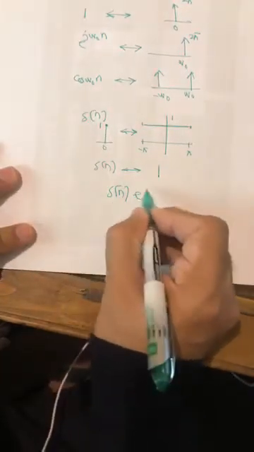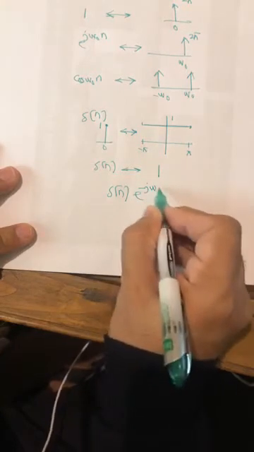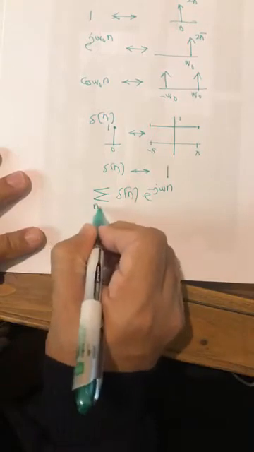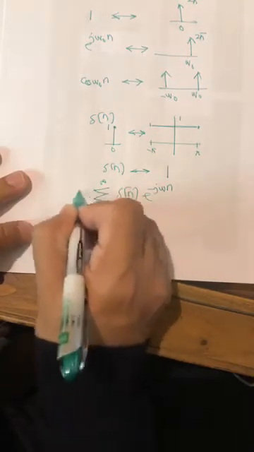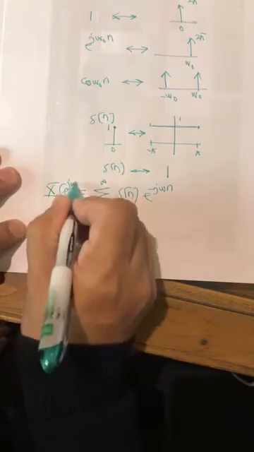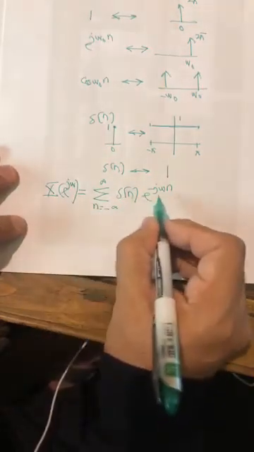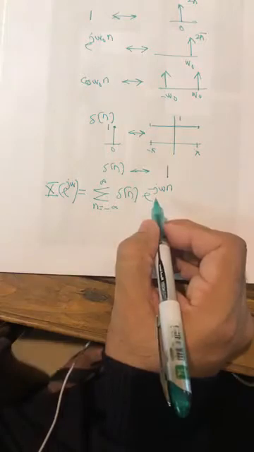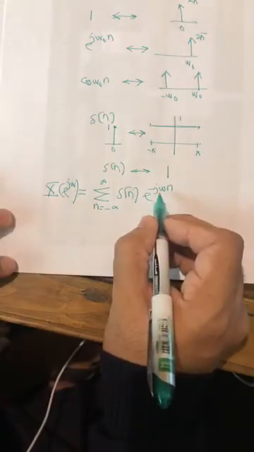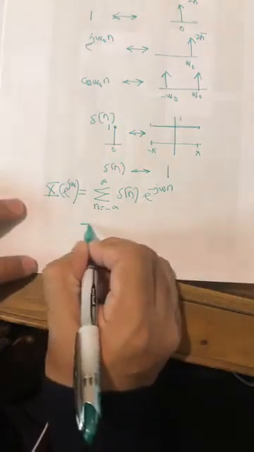Delta of n exponential minus j omega n, where n goes from minus infinity to infinity. And we know delta of n, once it's multiplied with exponential minus j omega and you add all of them together, it is going to give you a 1.